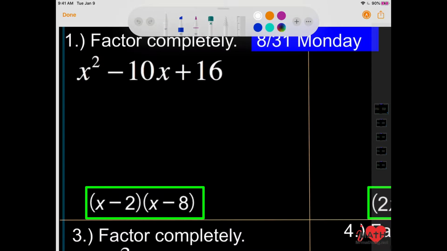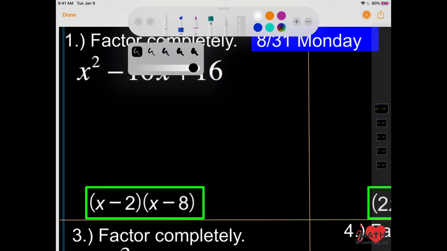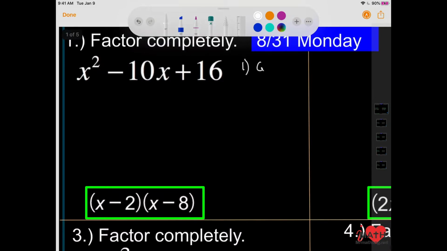Right, let's go over that warm-up. The first thing you're going to do is figure out, does it have a greatest common factor? And the answer for this one is no, because if you broke them up into factors, maybe we did 2 times 8, and maybe change that one to be 2 times 5.